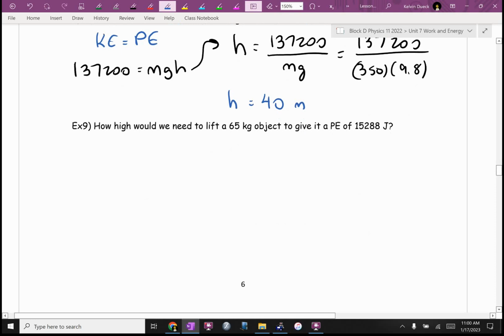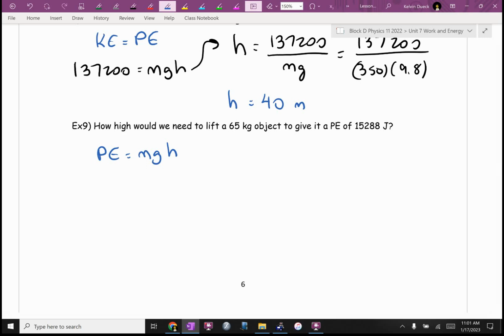Example 9. Colton, what's example 9 asking me to find? Height. And it looks like they've given me a potential energy. I'm going to write down the potential energy equation. PE equals mgh. Colton, my friend, how would I get the h by itself? What are the g and the m doing to the h?